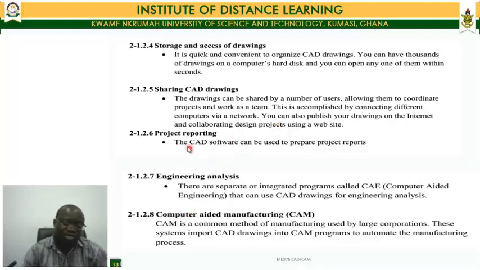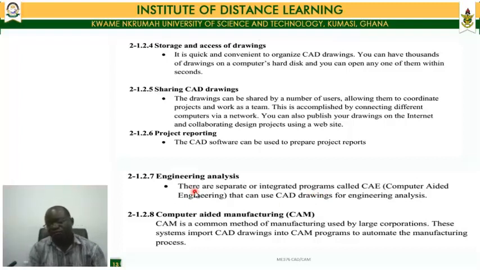You can also use CAD for project reporting. Now, the CAD software can be used to prepare project reports. You have engineering analysis also that you can use the CAD software to do. You can actually have a separate or an integrated program in the CAD software. That is, you can have computer-aided engineering software which is integrated with the CAD drawing software for engineering analysis. Then also you can have computer-aided manufacturing.